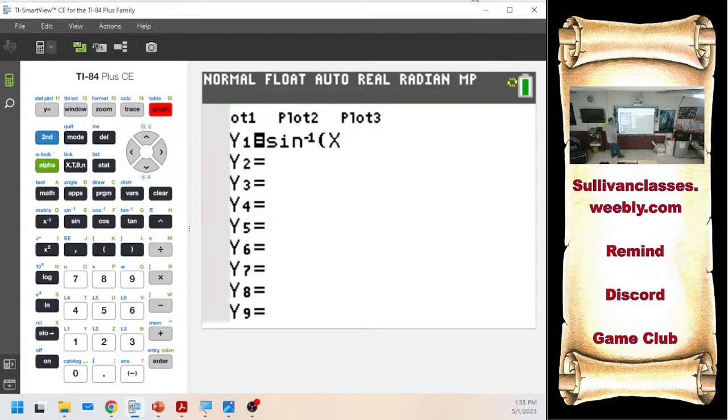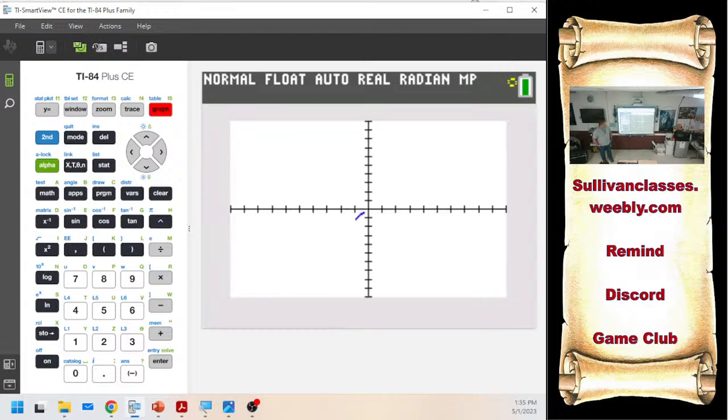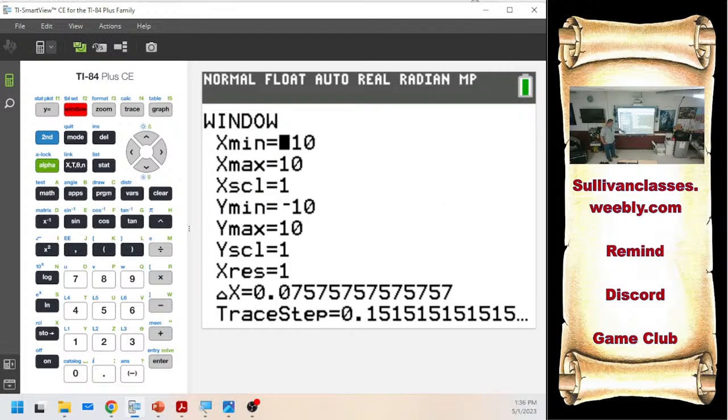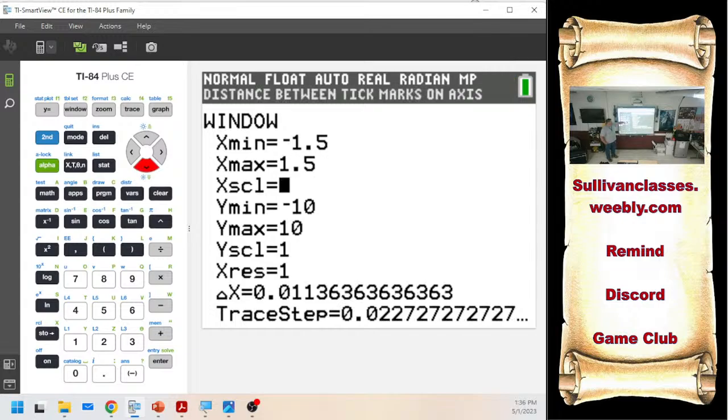We'll start there. I hit plain old graph. I don't see too much, right? But if I understand how the graph works, maybe I'm going to go from negative 1.5 to 1.5 so I can see the ends of it. Go by ones. What do I do the y's on?